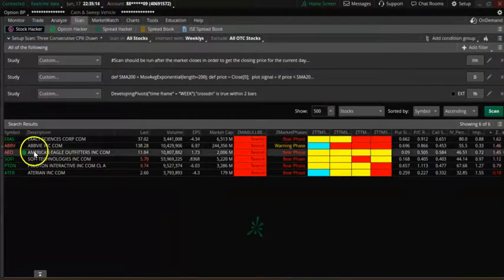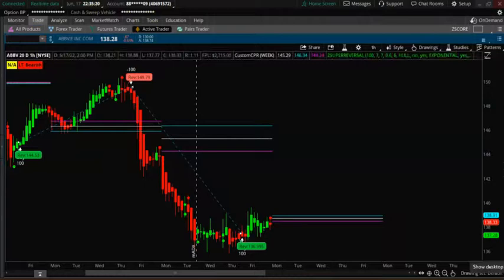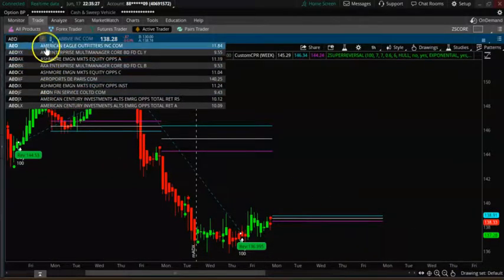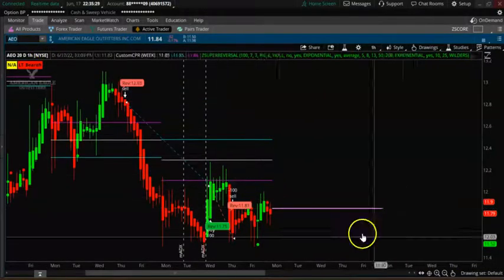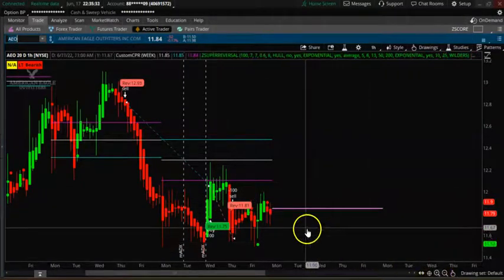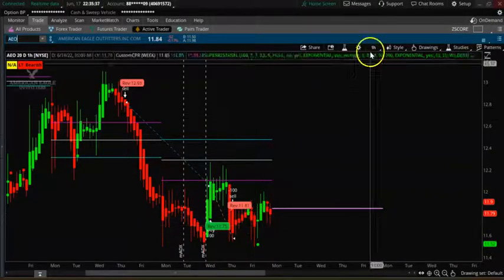Okay, next one, AEO, American Eagle. Okay, trade. AEO. Okay, I see that's trending. It's also a narrow CPR, so you want to wait for the first 1 hour and look for a candle which is trending down.